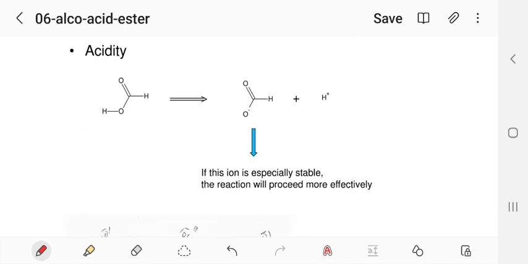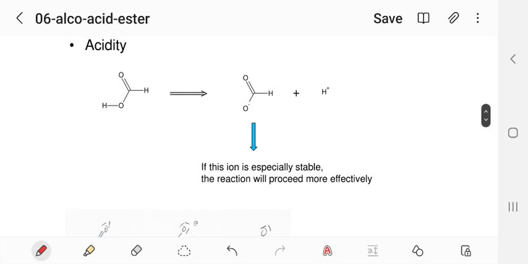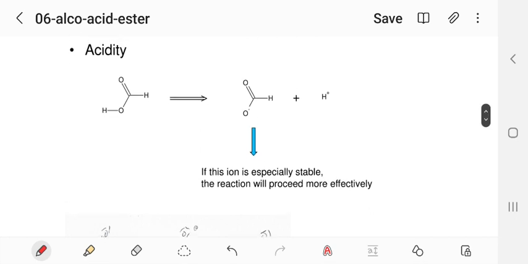An acid has the potential to release an H+ ion, and for this it should survive for a certain long time as an anion. Otherwise, if it just gets its H+ back, then it's not really an acid, because it has to survive by itself.